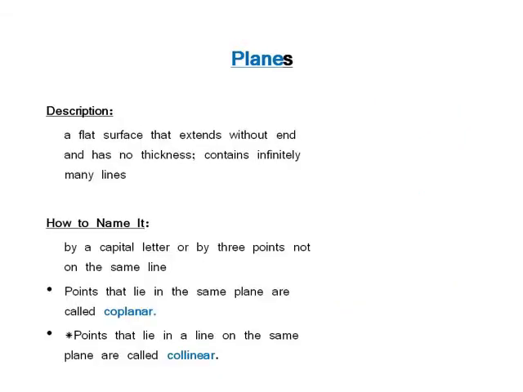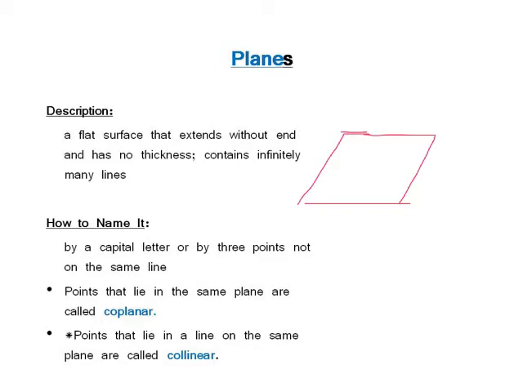Now let's talk about planes. All right, so let me draw myself a plane. Here we go. Remember I said my drawing skills aren't so great. And it says a flat surface that extends without end and has no thickness, contains infinitely many lines. I want you to think about this plane, this flat surface like a piece of paper that just extends forever and ever and ever, all the ways.